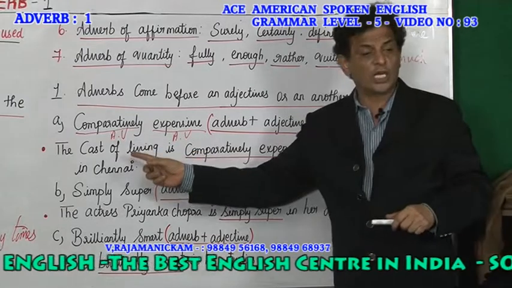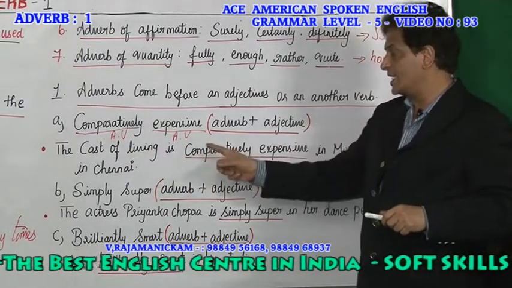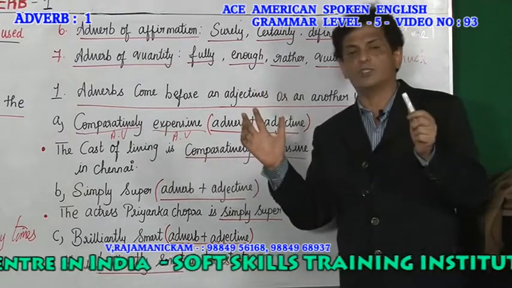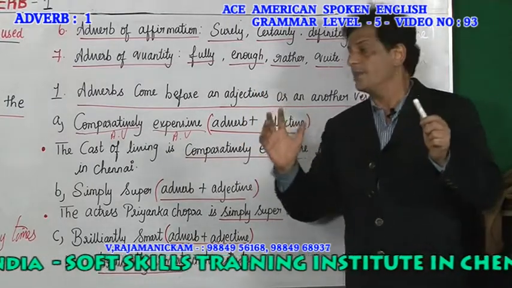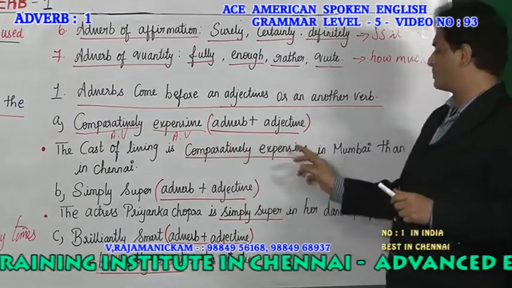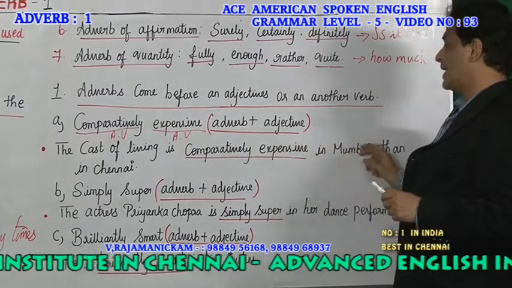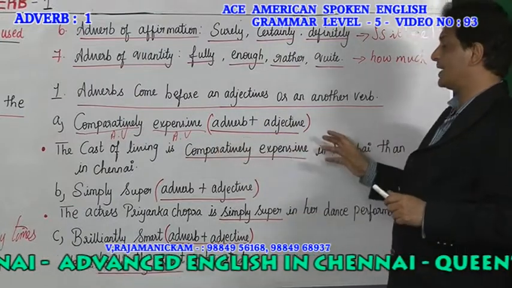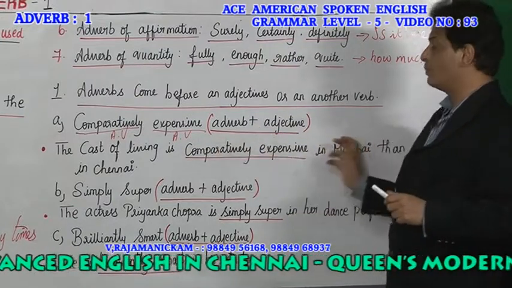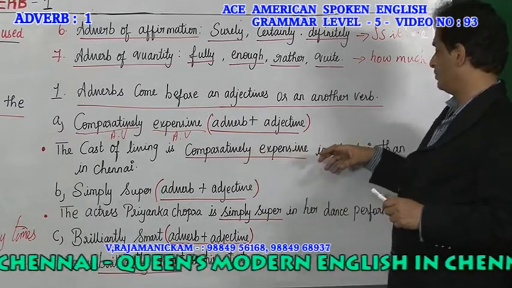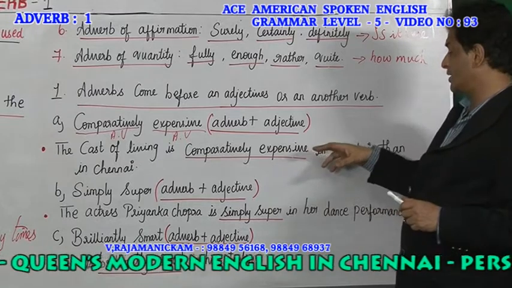You see here, the cost of living. Cost of living is what? The cost of living means the expense. The cost of living is comparatively expensive in Mumbai than in Chennai. So you are going in for a comparison between Chennai and Mumbai, and you are saying cost of living in Mumbai is comparatively expensive.